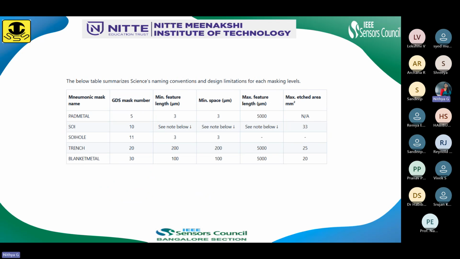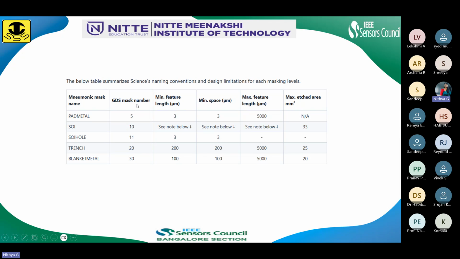Going ahead, so we know the layers which are important for creating the mask: pad metal, SOI hole, trench, and the blanket metal. So depending on our design, we need to choose the required layers. Okay, so these layers are given with some terminologies or numbers.